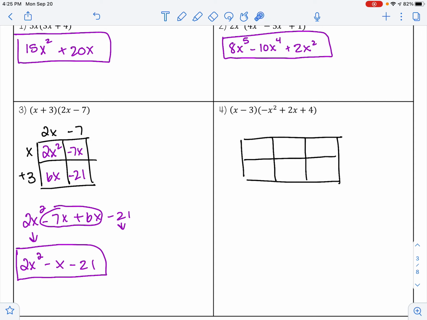The binomial will go along the side that has 2 places. So that's going to be x minus 3. And the trinomial will go across the top where it has 3 spaces. So that will be negative x squared plus 2x plus 4.